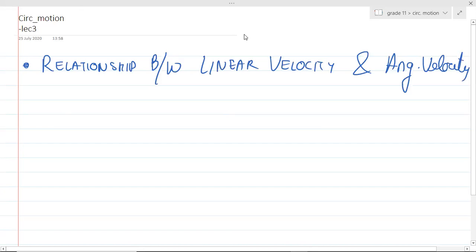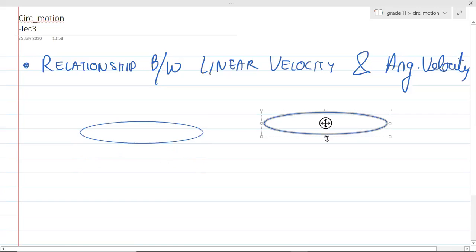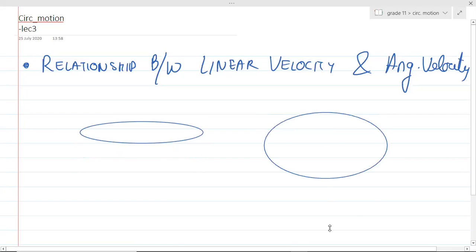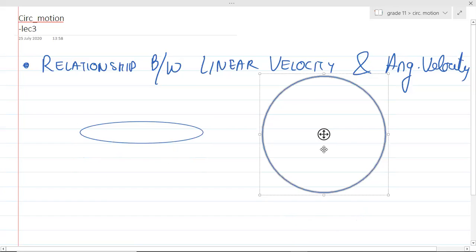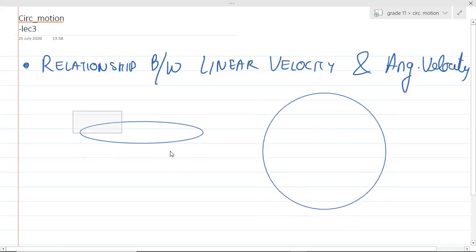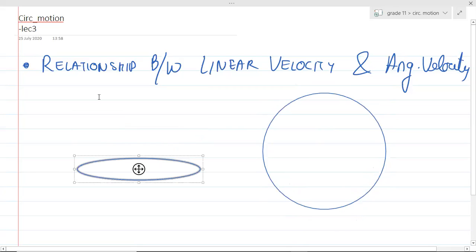So, guys, everyone remembers this diagram, right? Suppose this is the circle. So, basically, this is the front view, and that is the top view.